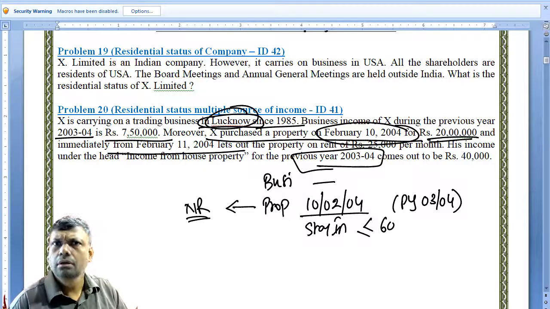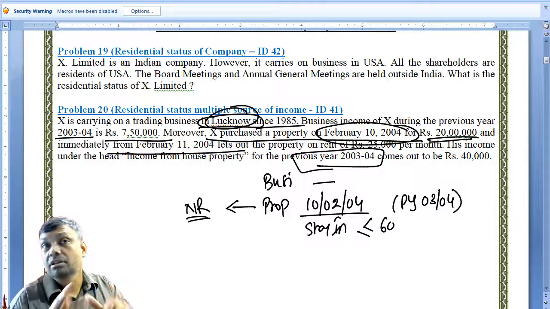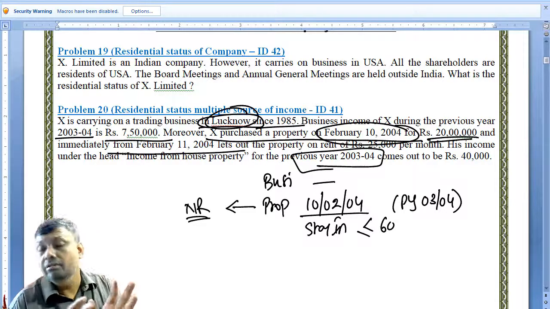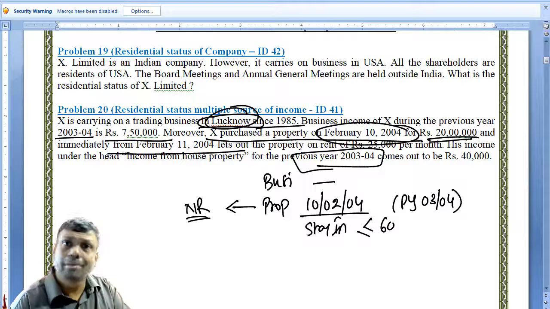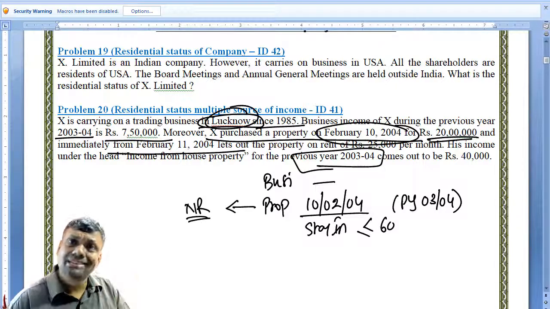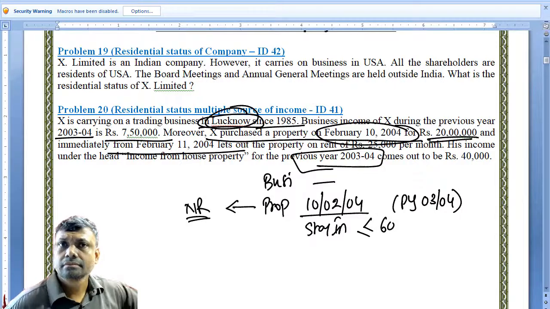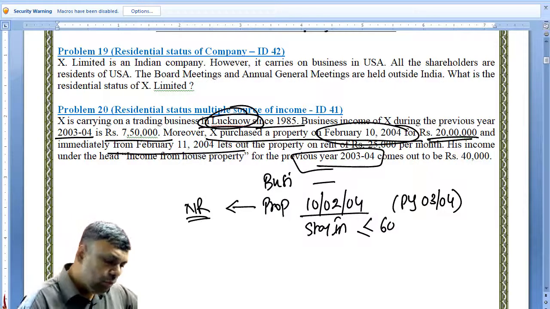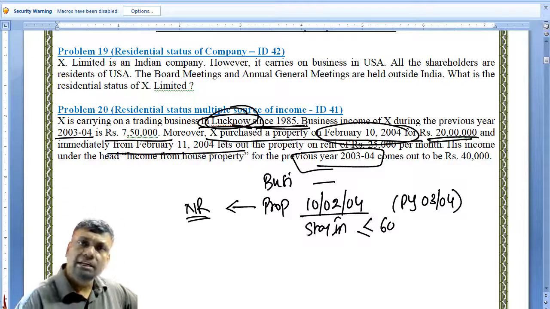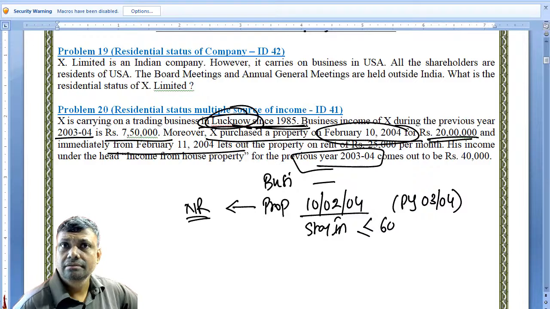You should not calculate the number of days of that source of income just because my one source of income started in between the year. It is not that way. The law says that in any situation, you are resident for all the types of income. So you are doing business in India, and your business income is resident because the business is inside India.